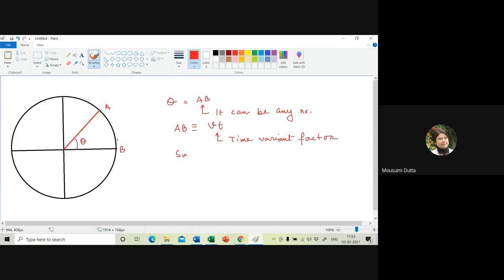That means suppose v is equal to half. Now, if t is the time, you know, so if you consider t to be 1, it will be half. If you consider t to be 2, it will be 1. If you consider t to be 3, it will be 3 by 2 and so on. So are you understanding this term, time variant factor? Is it clear?